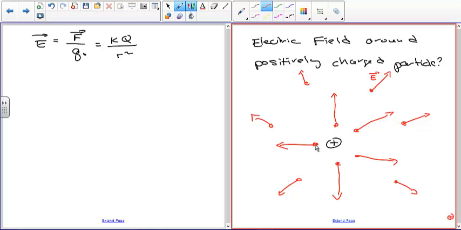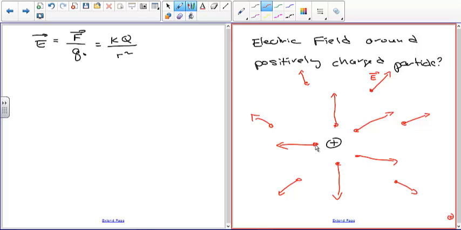And that's because the closer you get between two charged particles, the stronger the force is. It's equal to, you divide by r squared. So because you divide by r squared, as r becomes smaller, the electric field becomes larger. Here's my positively charged particle.